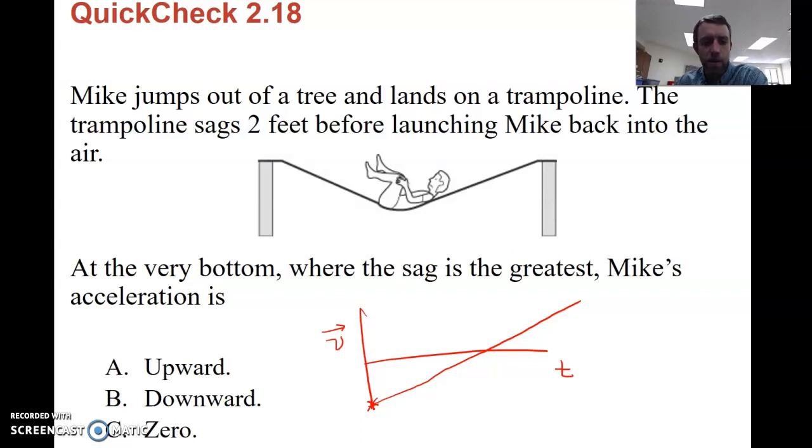And what the trampoline does is slows him down until at the very bottom, when the trampoline is stretched, he's not moving for a split second. But then the trampoline starts pushing him back up. And so he starts speeding up in the positive direction. So clearly, if you look at this, you can see it has a positive slope. And if we say that up is the positive direction, then the acceleration could only be upward.